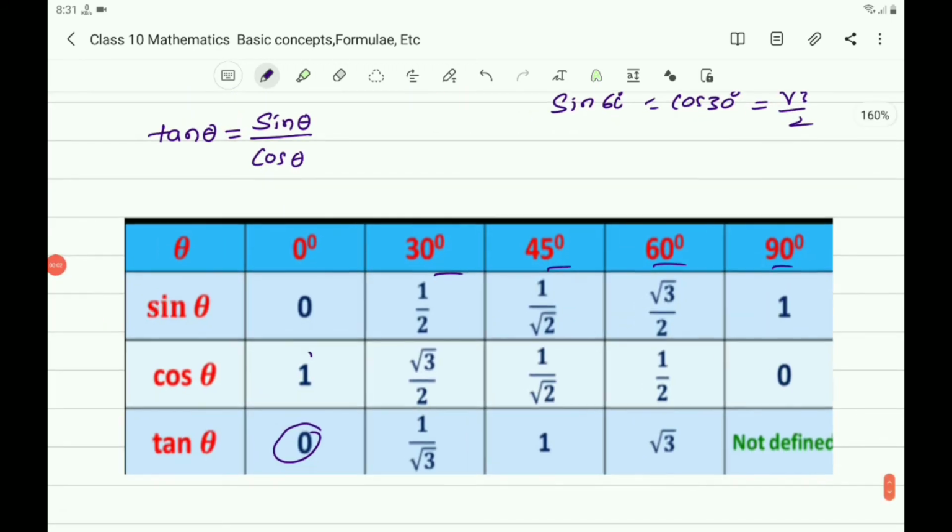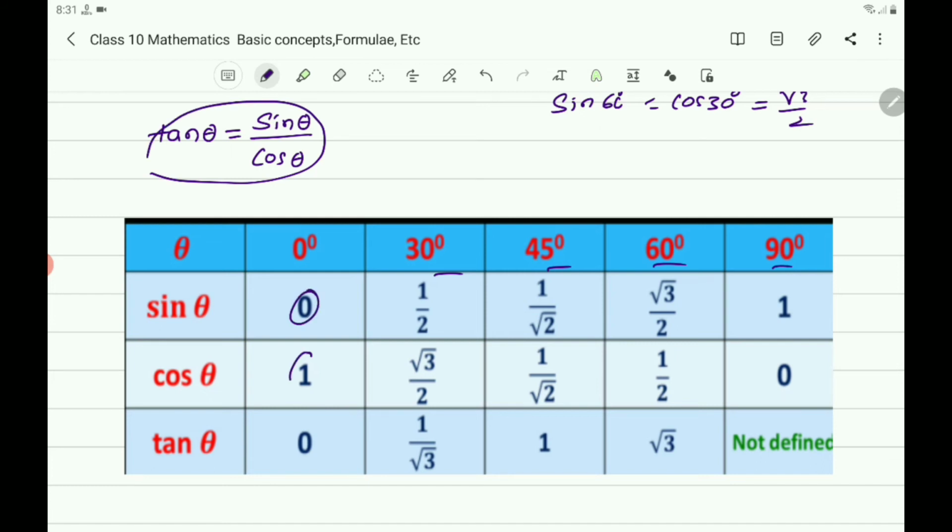Now here is a chart, you observe the chart. Here sin theta is there, cos theta is there, tan theta is there. For sin theta the values are there, and in the reverse manner the cos theta values are there. And how will you get tan theta? You know that tan theta is equal to sin theta by cos theta.